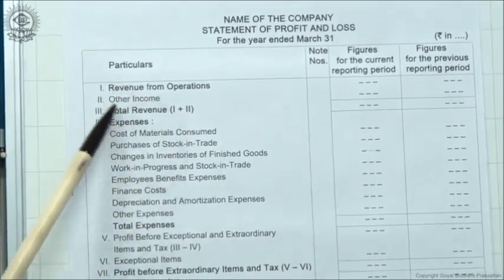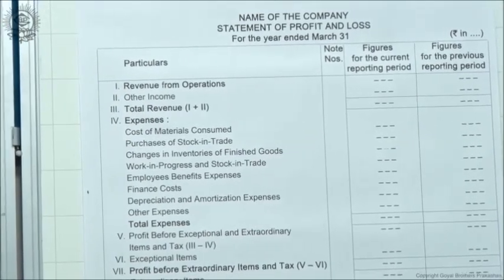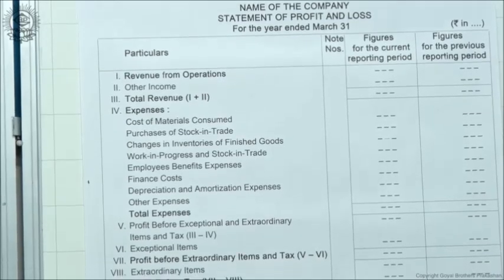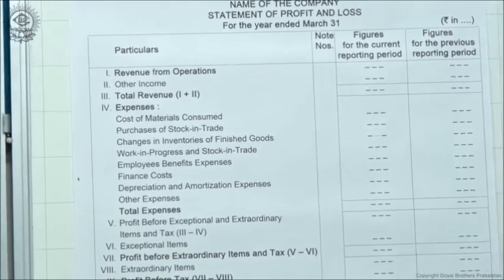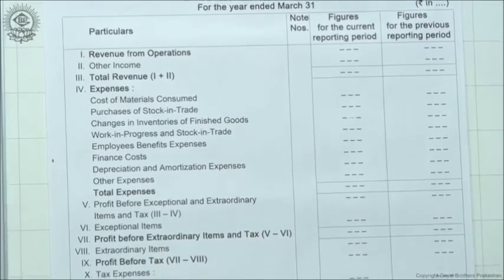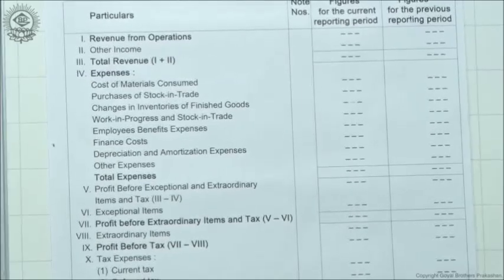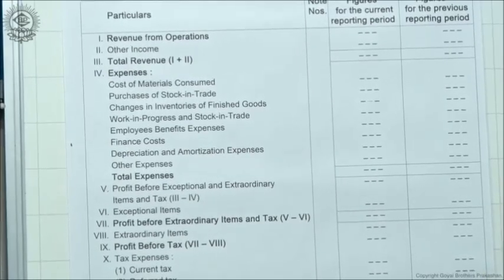Then along with this there are other incomes. The companies have major revenue from sales, but there are some minor items which are included in other incomes, but that is not the business of the company. It is from sources other than the business of the company. For example, a profit from the sale of a machine.